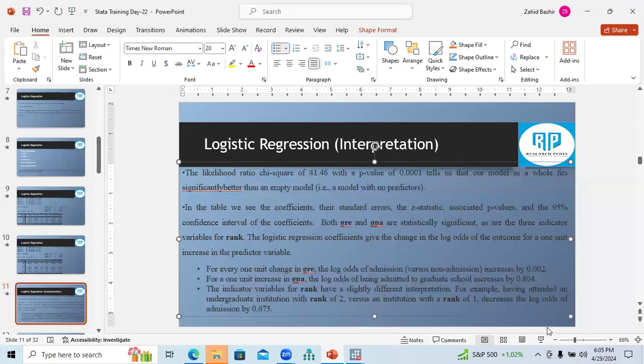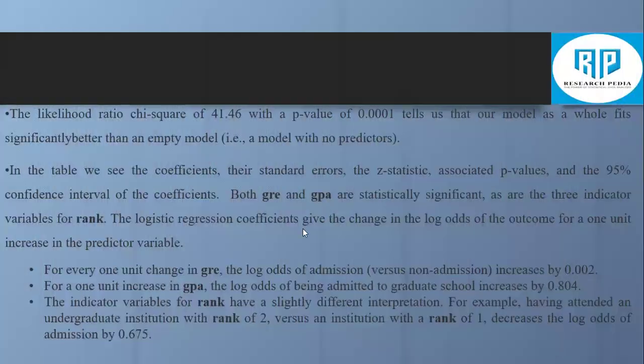The next thing that you need to see as a part of the interpretation, in the table, we see the coefficient, their standard error, the z statistic, the associated p-value, and the 95% confidence interval of the coefficient. Both GRE and GPA are statistically significant, as are the three indicator variables for rank.